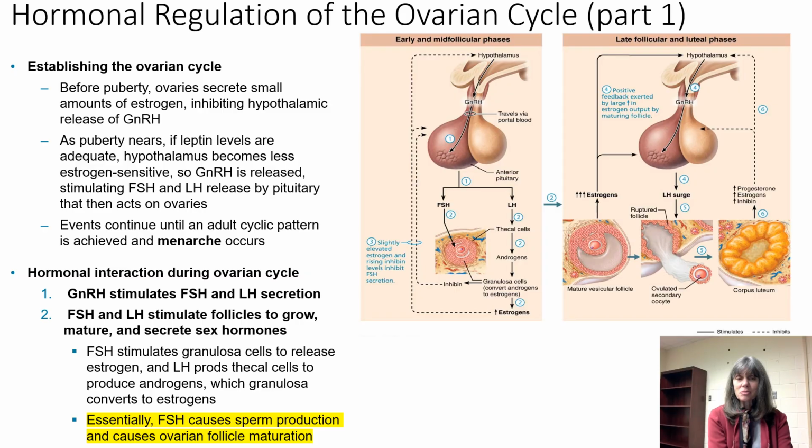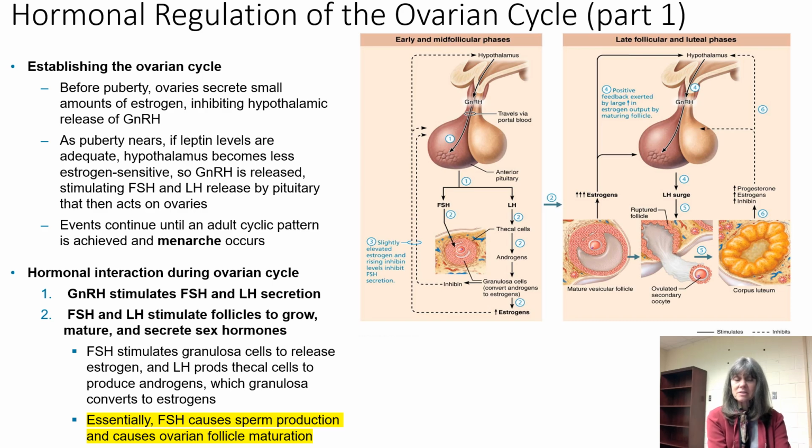What happens in terms of hormonal interactions during the ovarian cycle is that gonadotropic releasing hormone stimulates the secretion of follicle-stimulating hormone and luteinizing hormone from the adenohypophysis. The follicle-stimulating hormone and luteinizing hormone both act to stimulate the follicles to grow, mature, and secrete sex hormones.